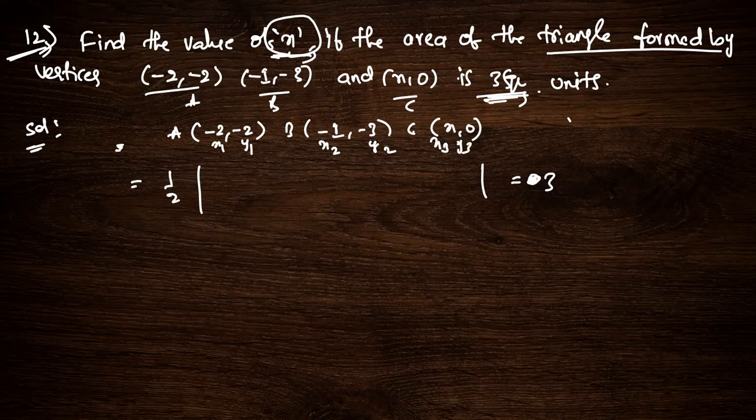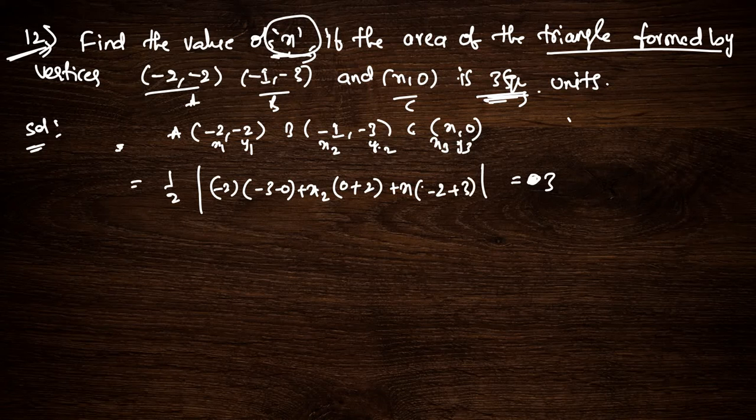So x1 is equal to minus 2 into (y2 minus y3). So y2 is equal to minus 3 minus 0, plus x2 into (y3 minus y1). y3 is 0 and y1 is minus 2, so it becomes plus 2, plus x3, which is x, into (y1 minus y2). y1 is minus 2 and y2 is minus 3.